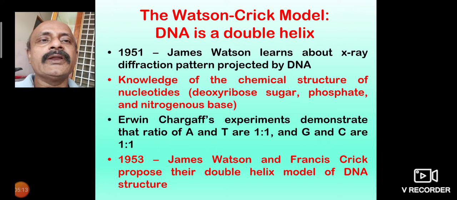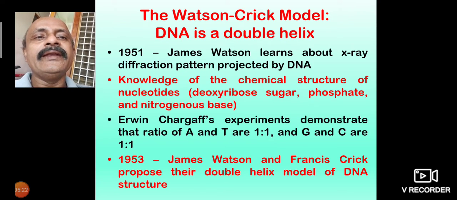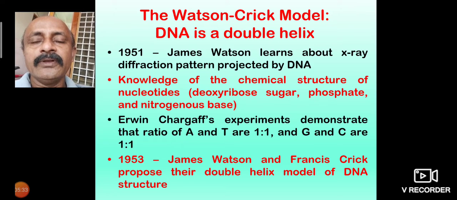The Watson-Crick model of DNA is a double helix. In 1951, James Watson learned about the X-ray diffraction pattern produced by DNA. With knowledge of the chemical structure of nucleic acid, the DNA is made of three substances: deoxyribose sugar, phosphates and nitrogen bases.